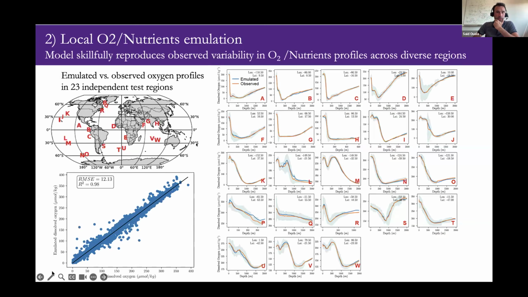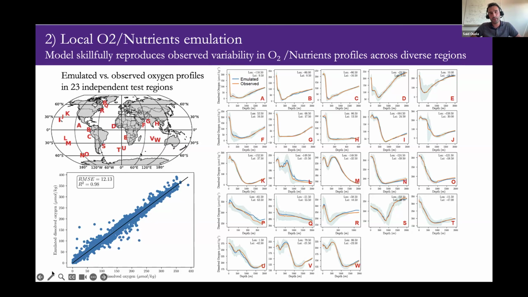So once the model is trained, we evaluated it on a number of independent test regions. These results are for dissolved oxygen, but we have similar performance and similar metrics for the nutrient networks. We defined 23 independent test regions that are sampled all over the oceans.